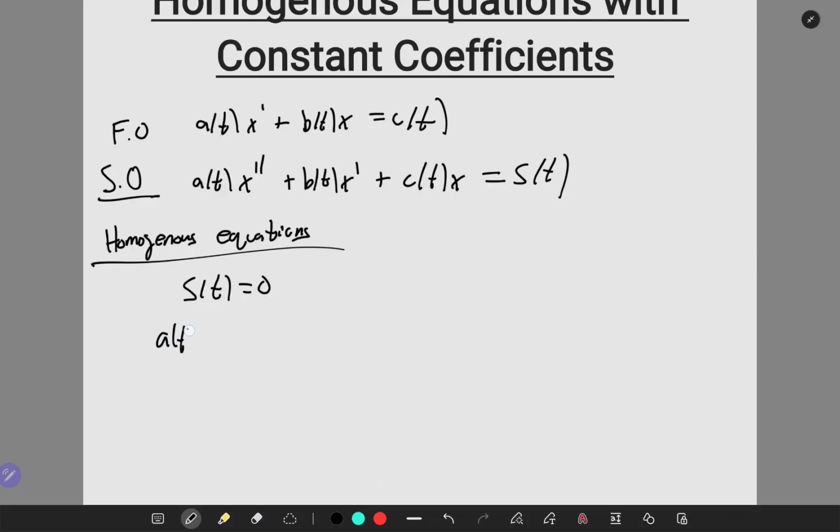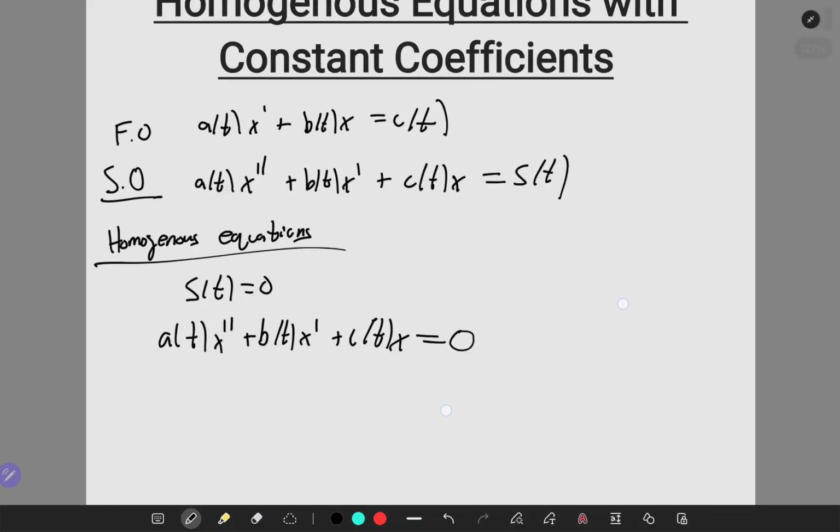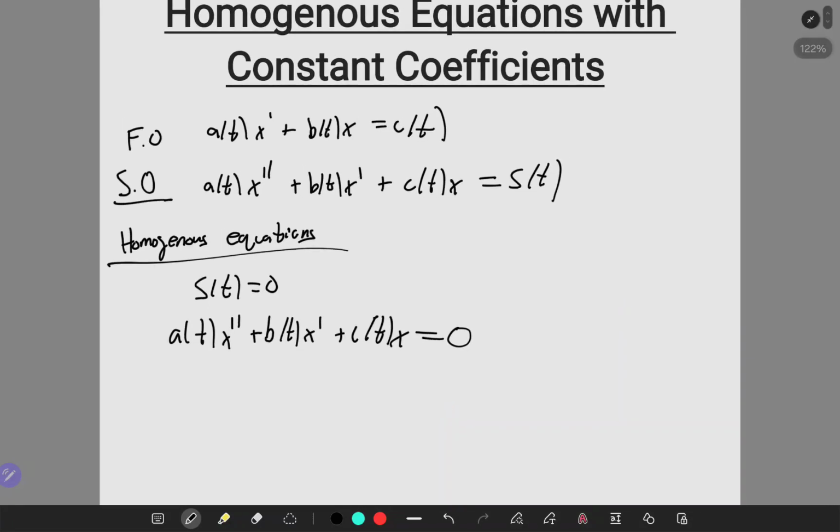So in this section, all of our problems are going to be in this form, because that's a homogeneous equation. It equals 0. So the idea for these second order homogeneous equations with constant coefficients is that these coefficients right here are constant.